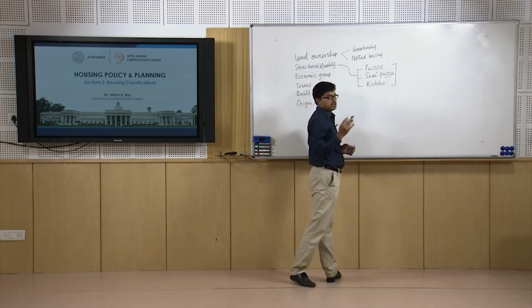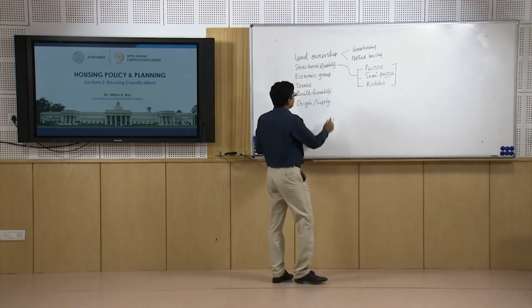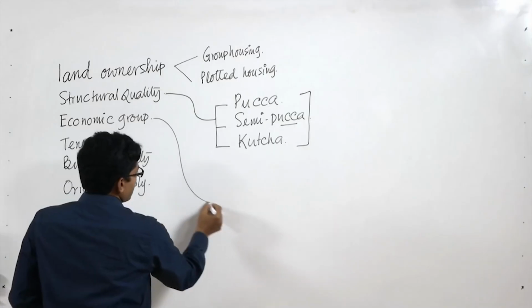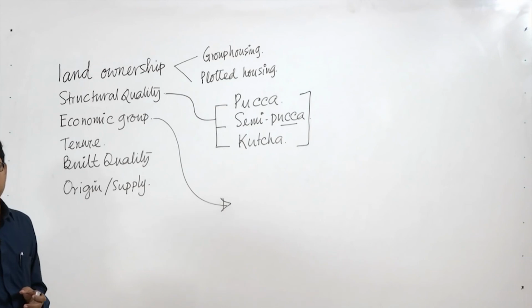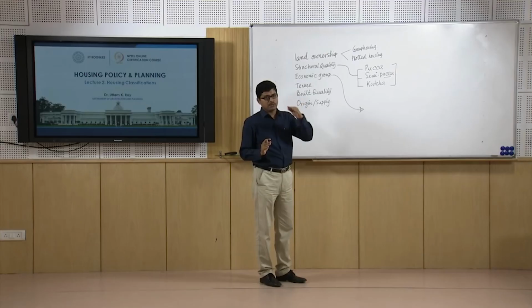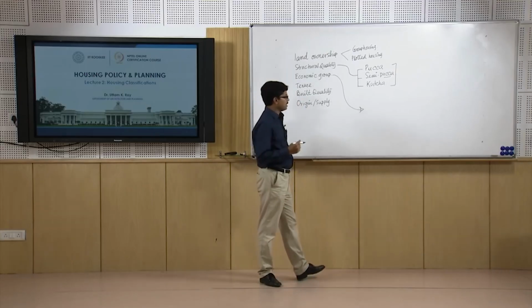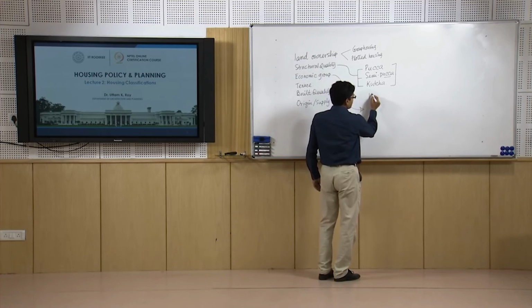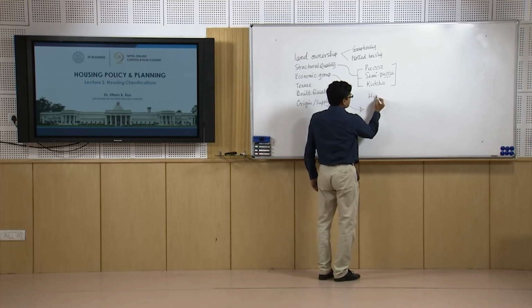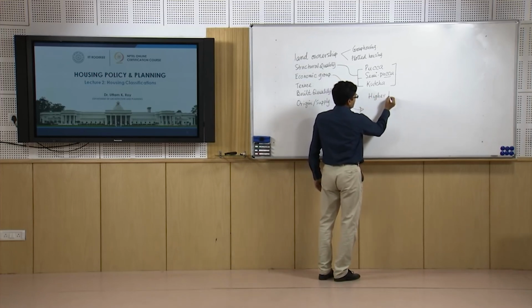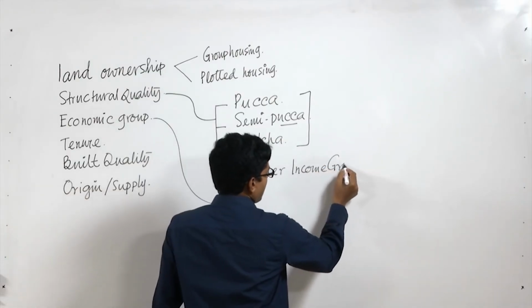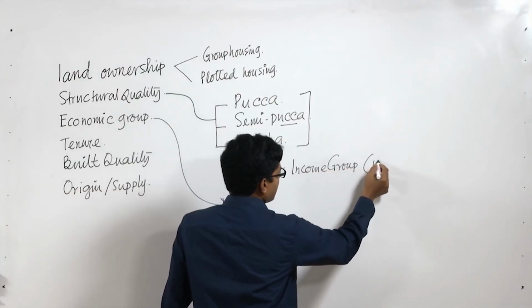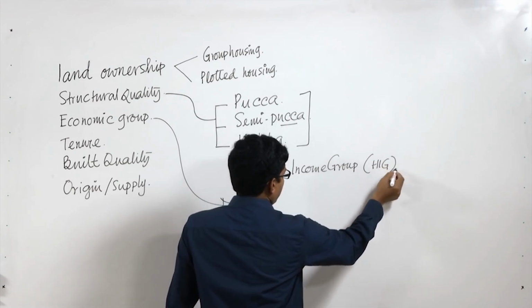Next we come to the economic group. Based on the various types of economic group, there are housing classifications based on their criteria or affordability limit. For example, there is the economic group called higher income group, in short HIG.